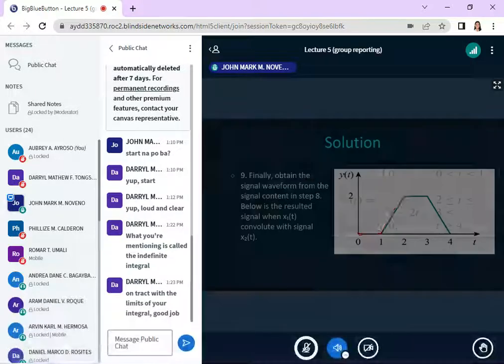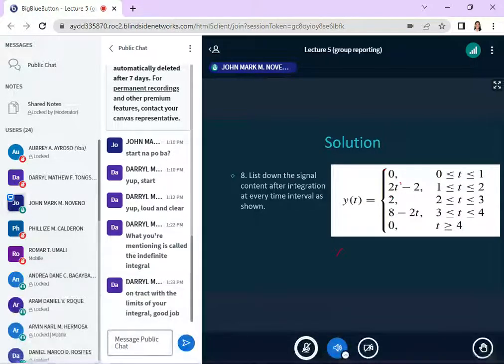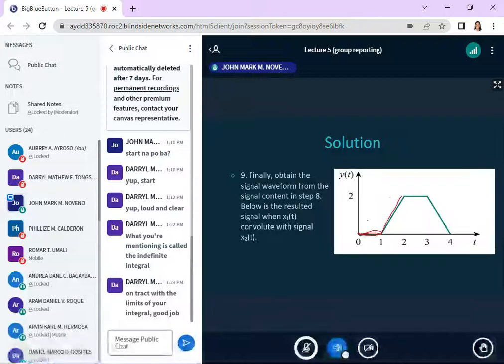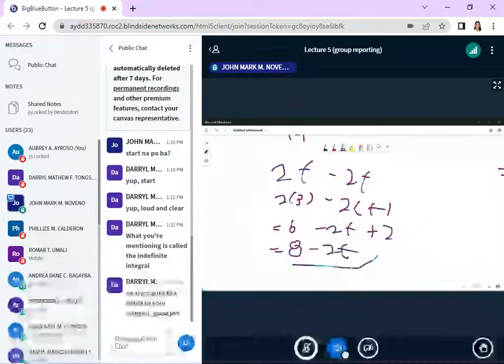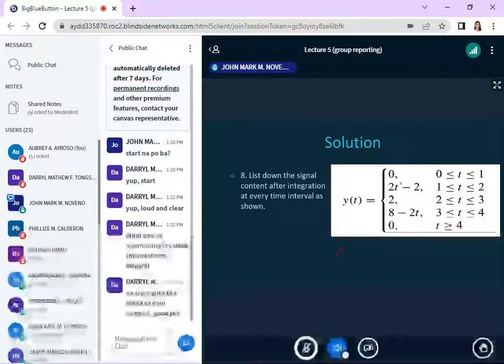And after that, when time is greater than 2 but less than 3, so eto yon sa part na ito, siya ay 2, flat na 2. Kaya nagkaroon ng flat dyan. And after that, when time is greater than 3 but less than 4, 8 minus 2t. Yan, similarly, yan ay isang linear function, pero as a negative, may negative sign ng ating t.